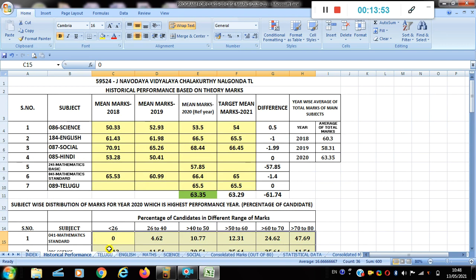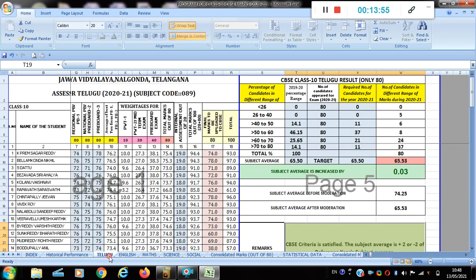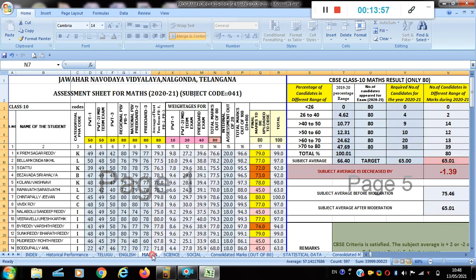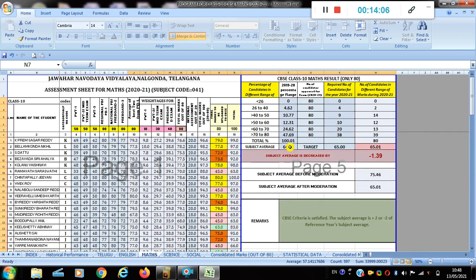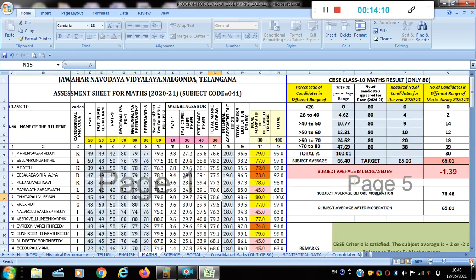Then next, going to Telugu, English, mathematics. I will take mathematics only. Being a mathematics teacher, I tried to complete almost the work. See here, cells in color only are to be filled. The remaining cells will be generated automatically.